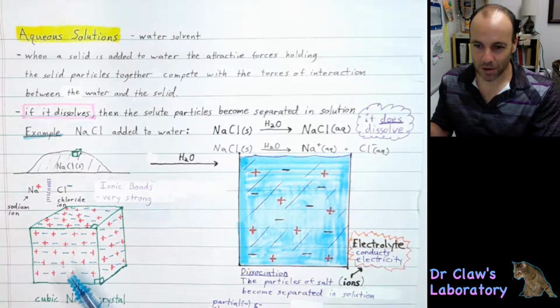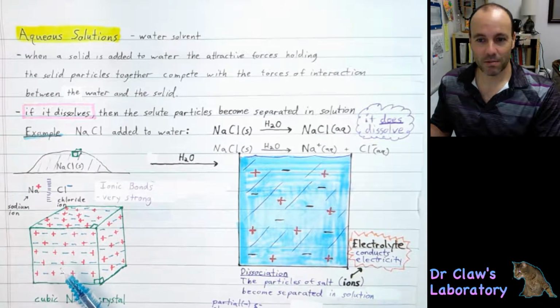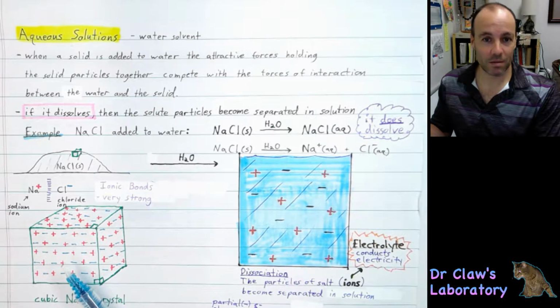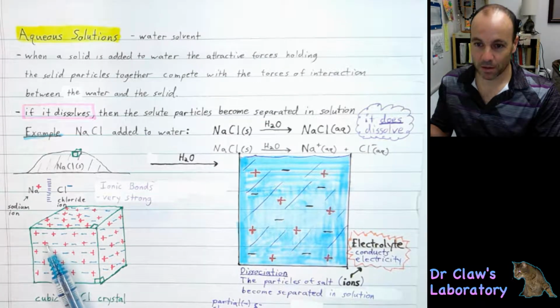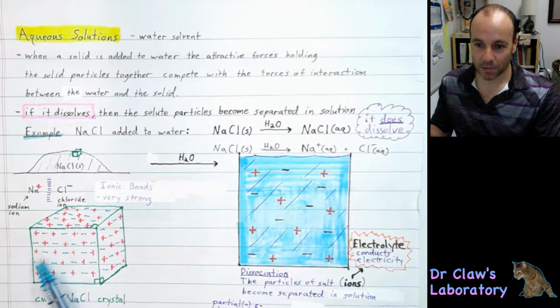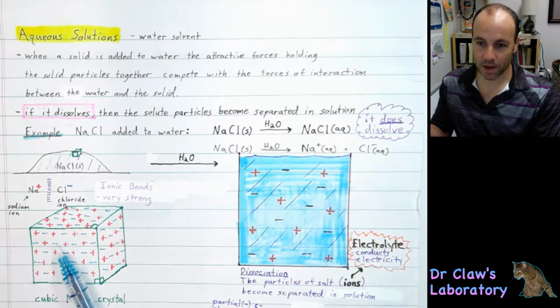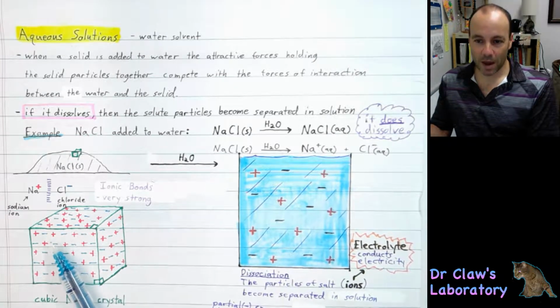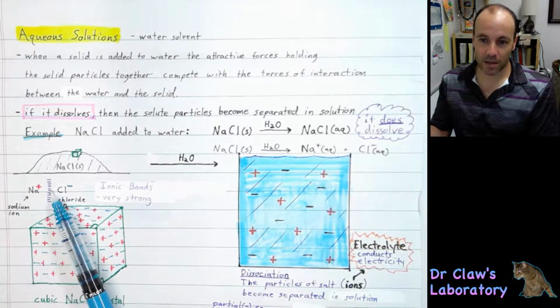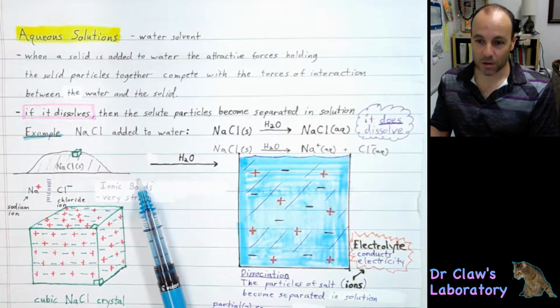The interactions are, of course, the opposite charges attracting each other. If you look at any particular sodium cation, it's surrounded by chloride anions, and every chloride anion is surrounded by sodium cations. And these interactions between the cations and anions are ionic interactions.